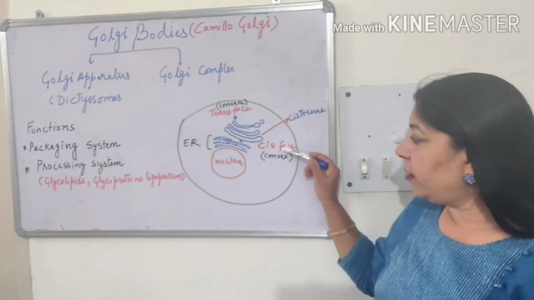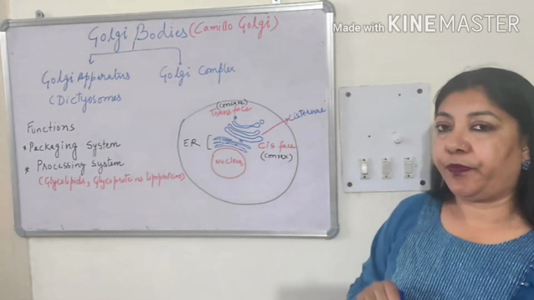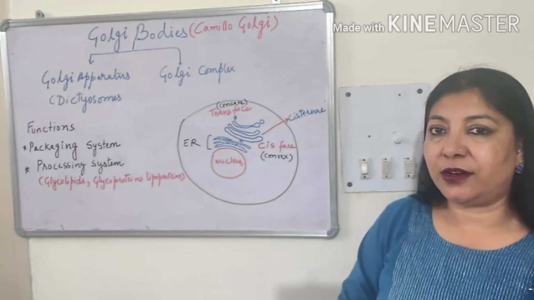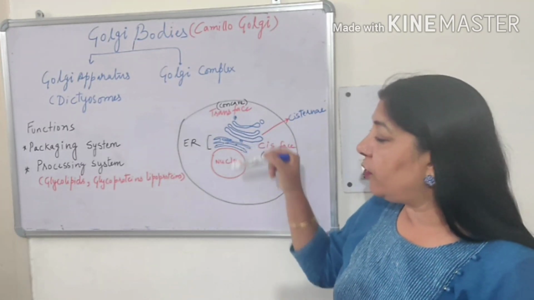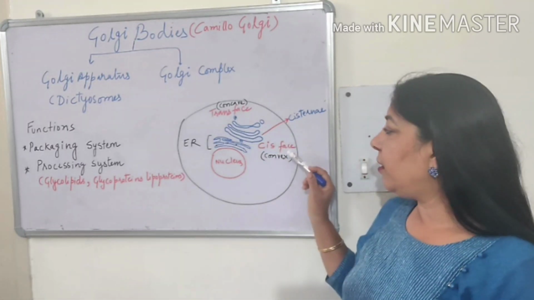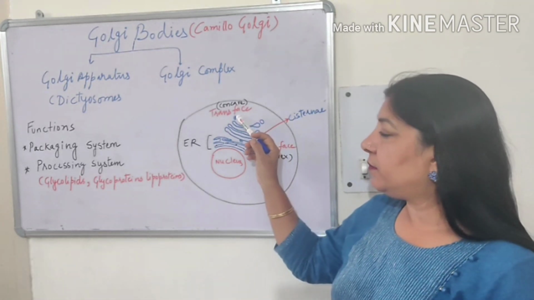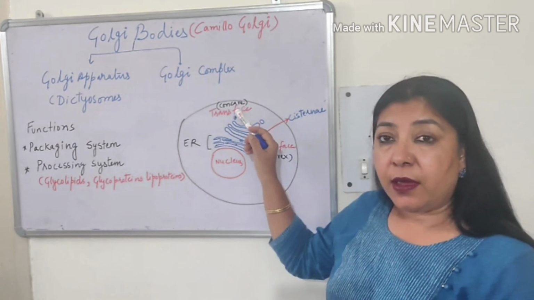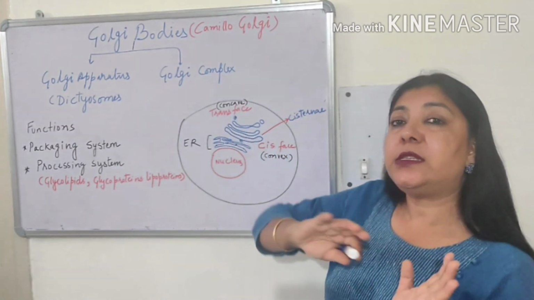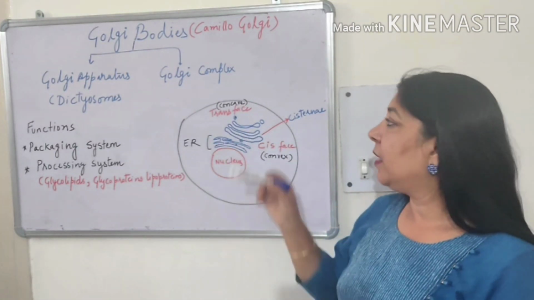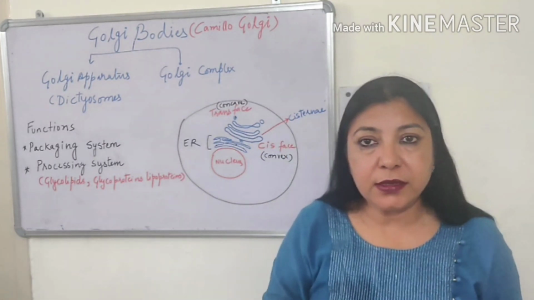The forming convex shape structure which is facing towards the nucleus is called cis phase or forming phase. Whereas the concave maturing part which is away from the nucleus, it is called trans phase.